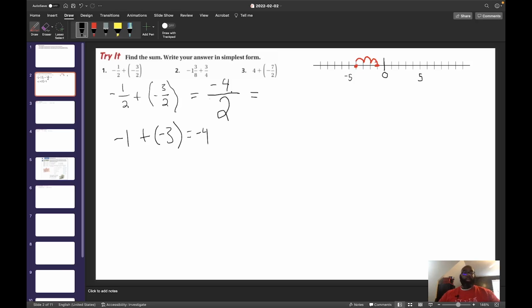Remember, the way we simplify a fraction is we find the greatest common factor between the numerator and denominator, and we divide both numbers by that. Yeah, that's right, the greatest common factor. So I'll put that on the front page as well.